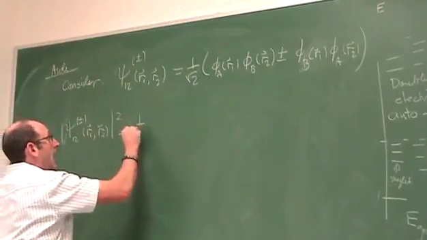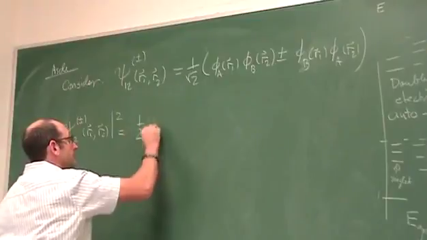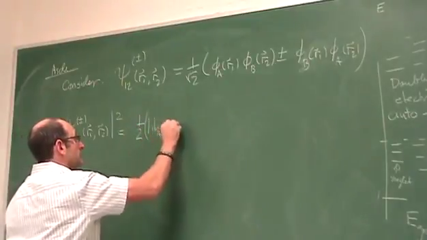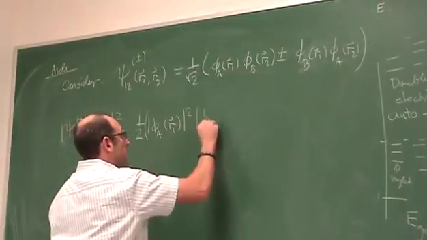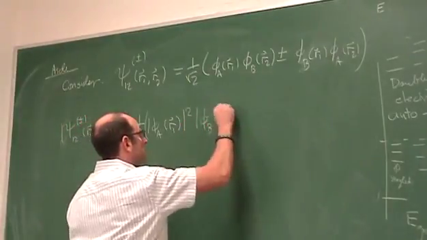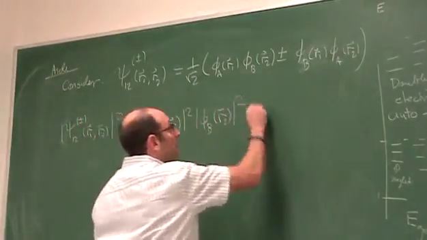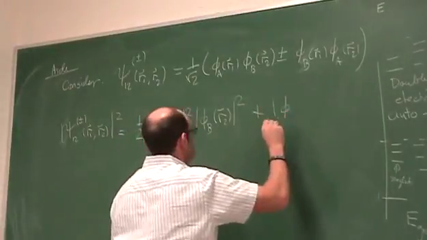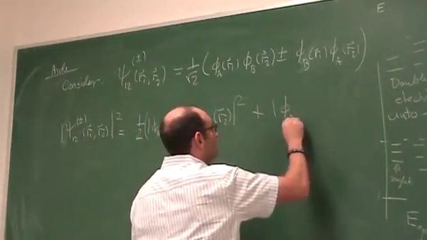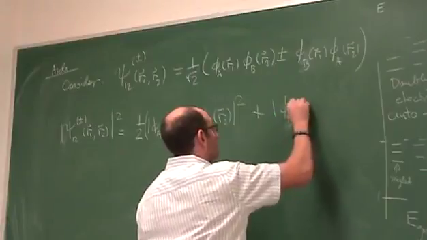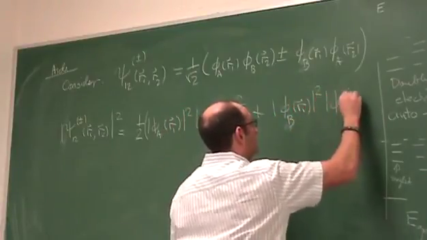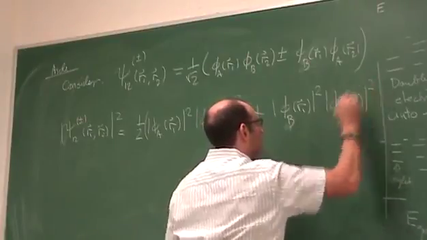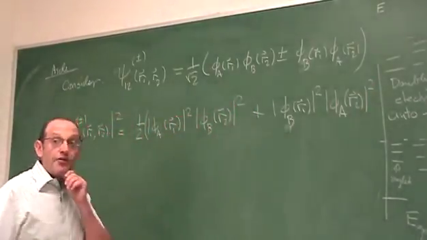I'm going to get a half, plus, and then the cross terms.